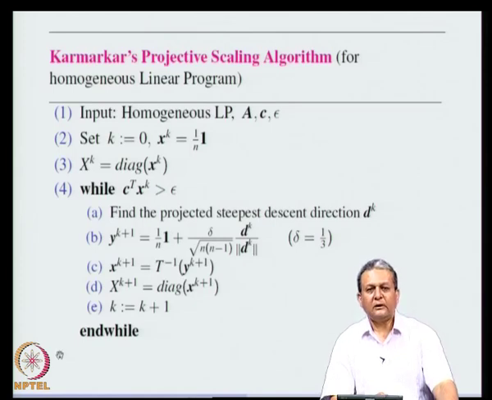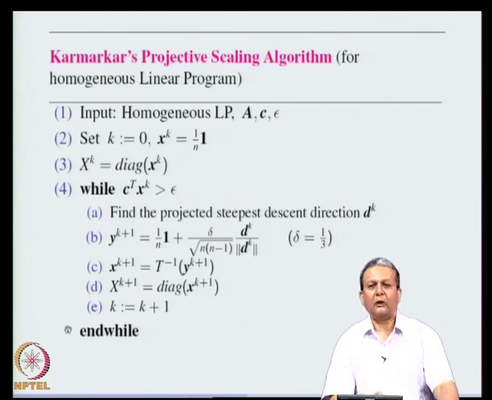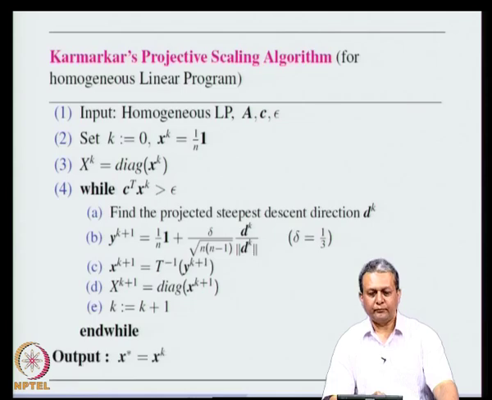So, this procedure is repeated till the current point x k is very close to the optimal value, because with this condition we cannot truly reach the exact optimal point, but the algorithm will be very close to the optimal point. So, when the algorithm terminates, we get x star to be the current iteration value of x.